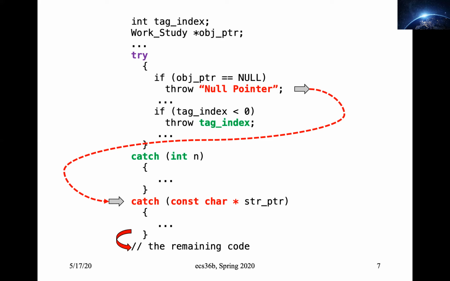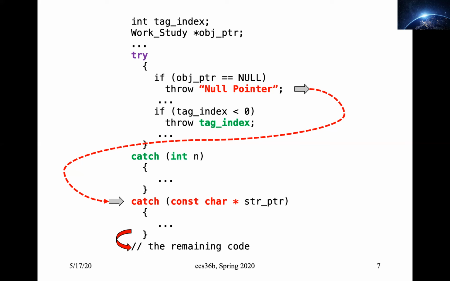You continue with whatever comes after the final catch clause in the try. So you're thinking about one try block of program, and then you have one or more catch blocks. After you finish that single exception handling, you start executing the first statement after the last catch block. Okay, is that good?